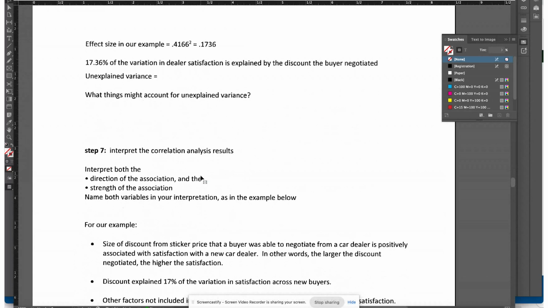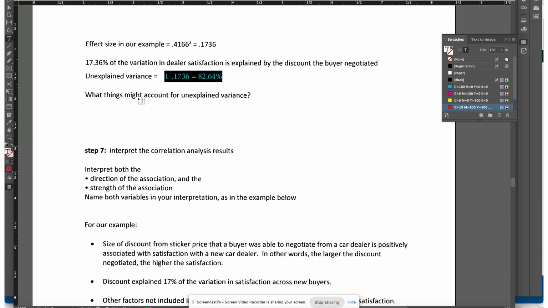But there is a lot of unexplained variance left, right? And we can figure out what that unexplained variance is by subtracting 17.36% from 1. So 1 minus 0.1736, that's what? 82.64%. So that's still a lot of variance.